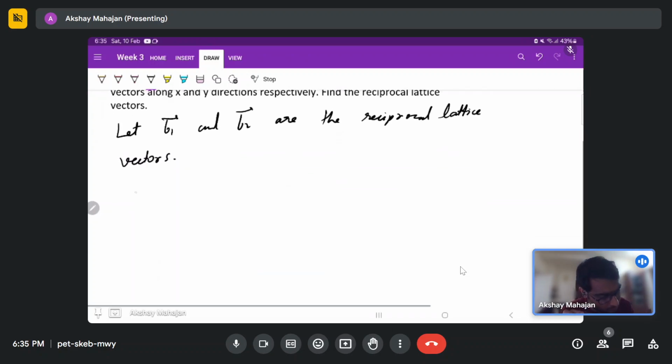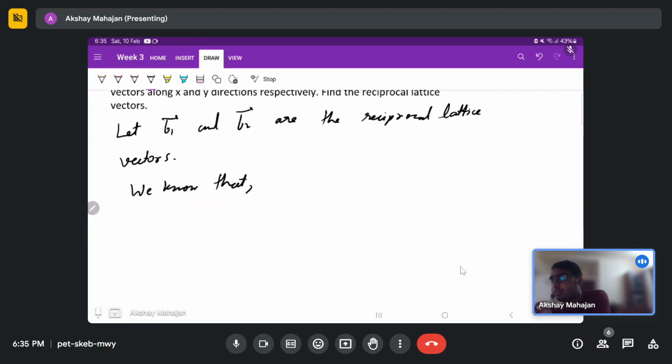Now, in today's session we will also see a formula for these reciprocal lattice vectors that you might already know.